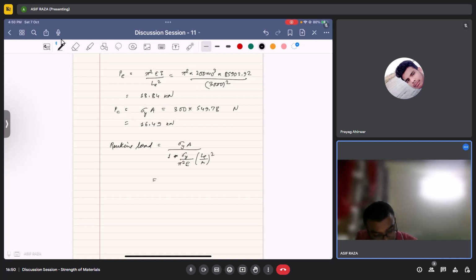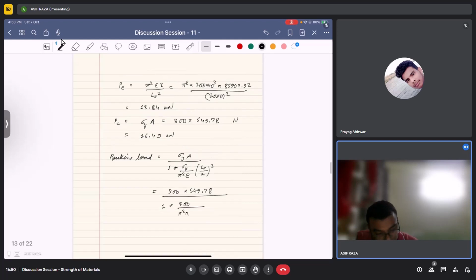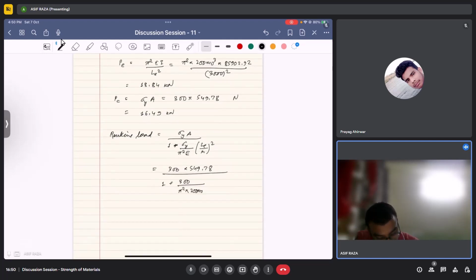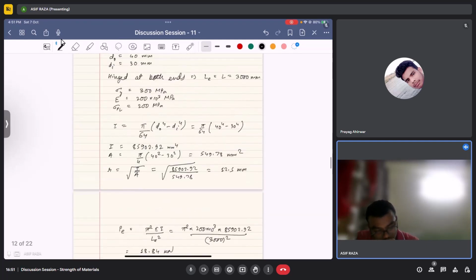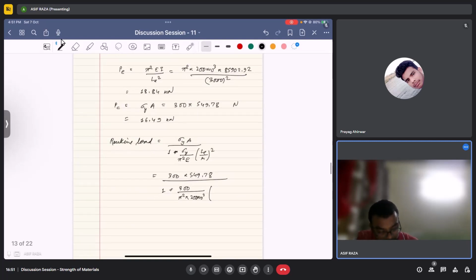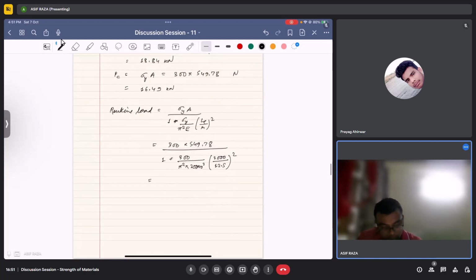And this can be written down as 300 into 549.78 divided by 1 plus, pi square E is 200 into 10 power 3, LE is 3000, R is 12.5. Let's see.